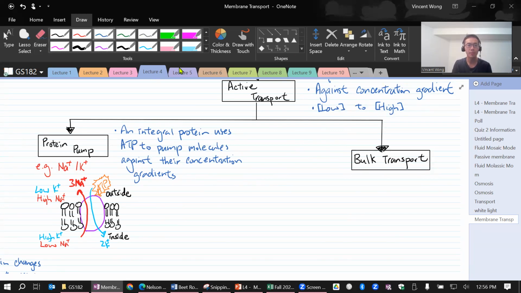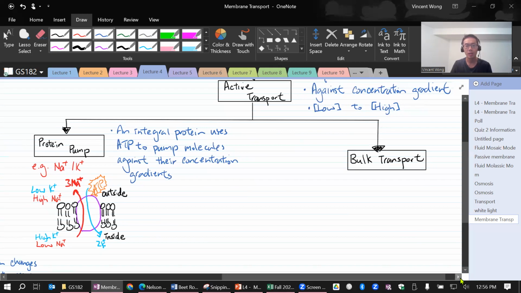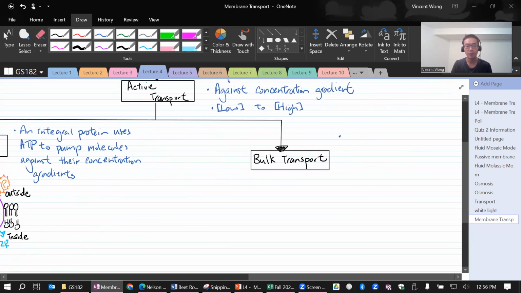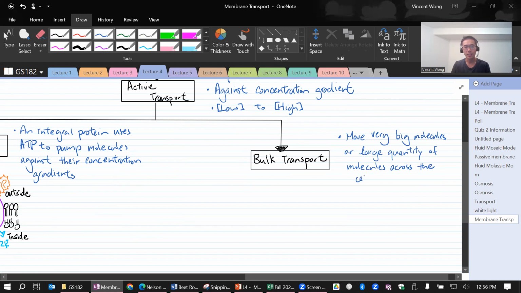Bulk transport is to move very big molecules or large quantity of molecules across the cell membrane.